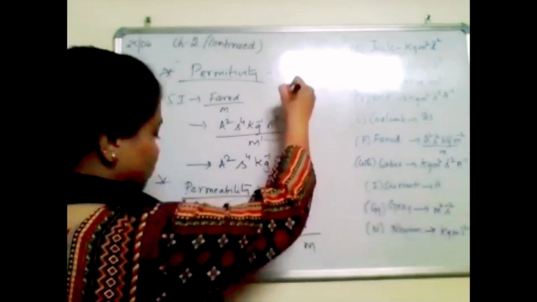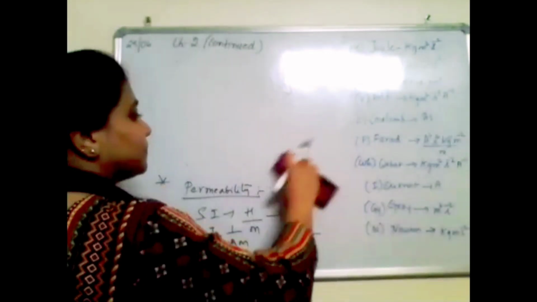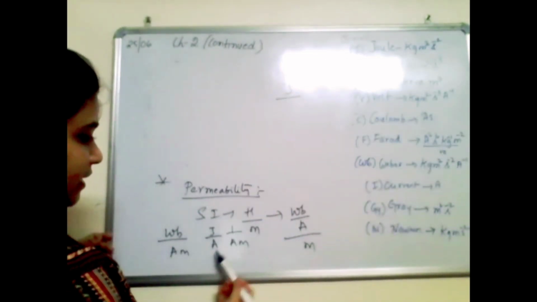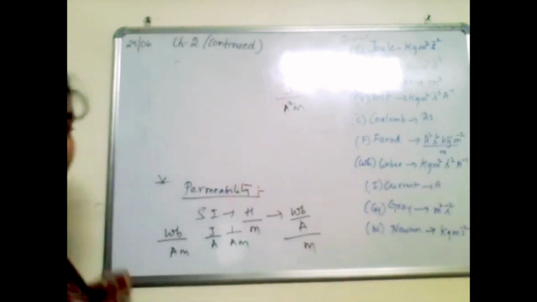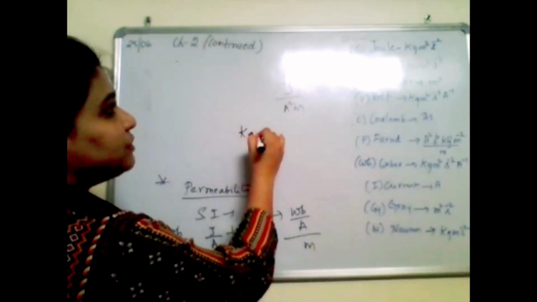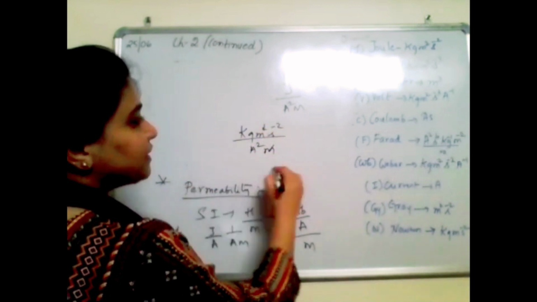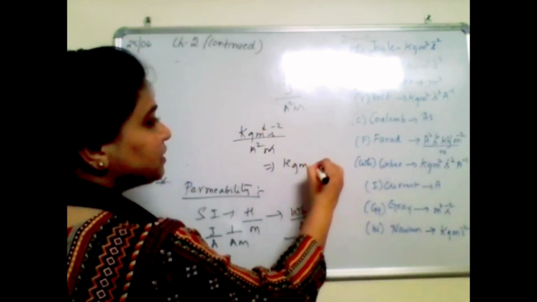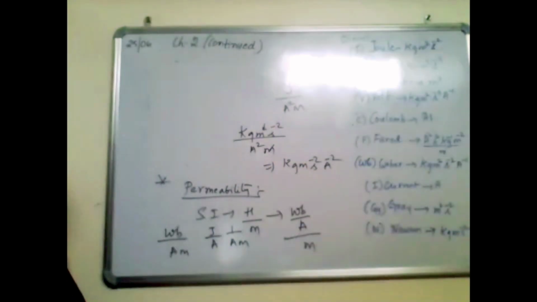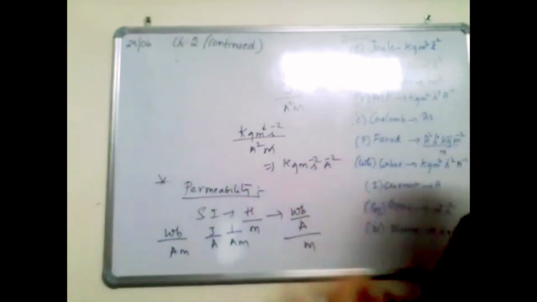So it becomes joule divided by ampere square meter. Joule is kg meter square per second square, divided by ampere square meter. So meter square and meter get cancelled. It is kg meter per second square per ampere square. Clear? That's it. Later we have only molar energy, still 4 more quantities, and then we are done with this part. Okay.